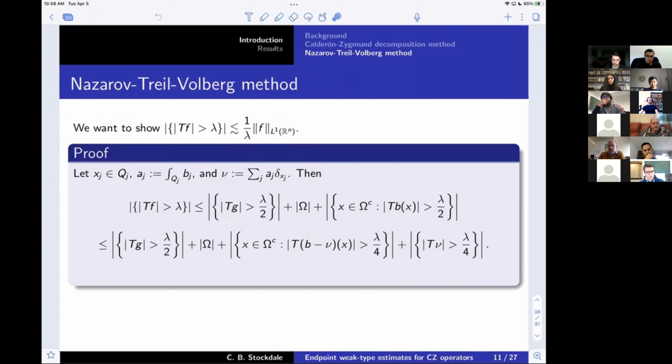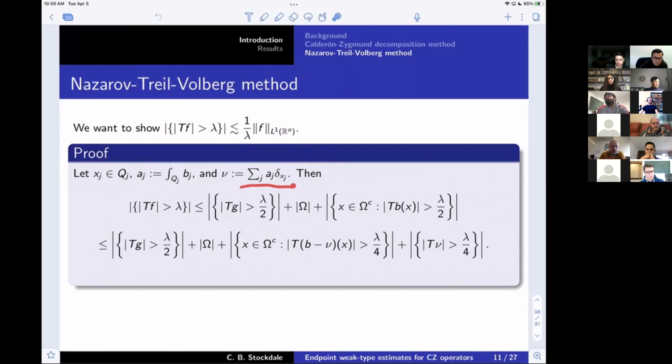So what we do is we force cancellation to appear. So that's why I'm defining this stuff up top. Let's fix xj, a point inside of Qj. Maybe it's the center, doesn't really matter, but let's just say that we have a point inside of Qj. I define this number aj to be the integral of bj, which is not necessarily 0 in this case. And then I'm going to define this linear combination of Dirac masses.